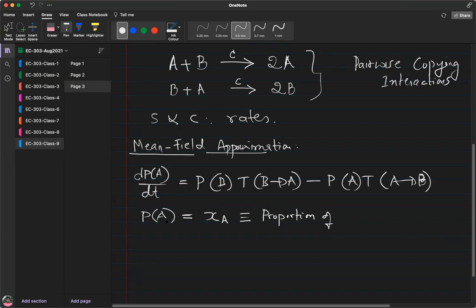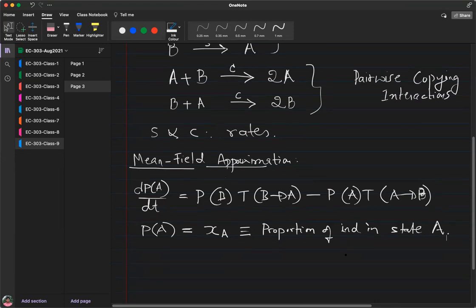P of A is the probability of somebody being in state A, and if that is XA, XA is the proportion of individuals in state A. So if there are capital N individuals, and NA of them are in state A, then XA will be NA by N. Is that fine with everyone?